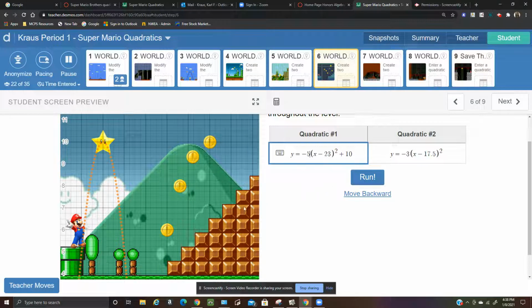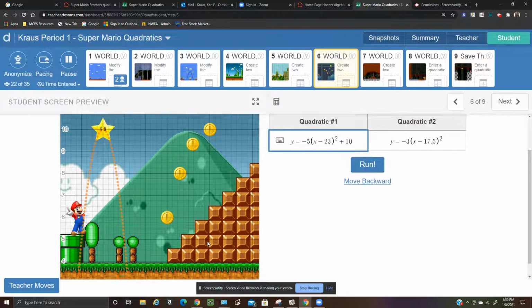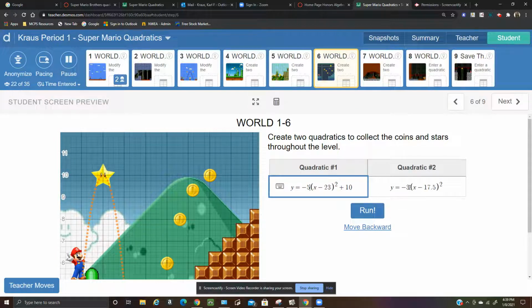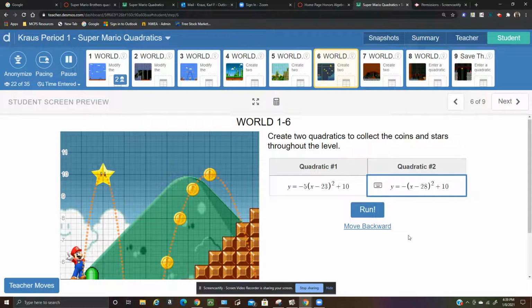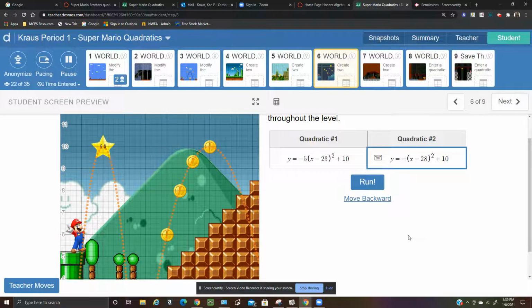All right, and then from here, the vertex is at 2810. Wider. Let's go ahead and hit run.